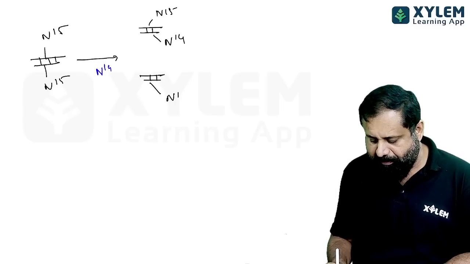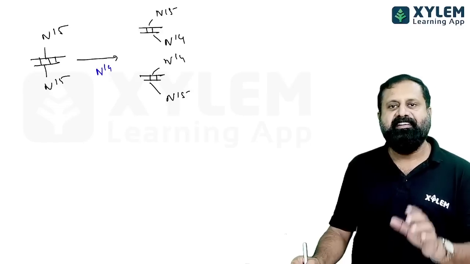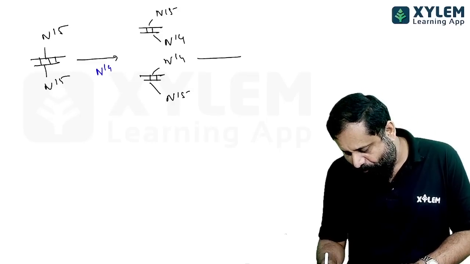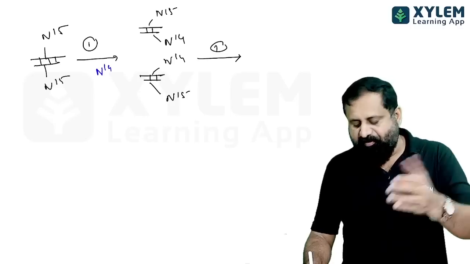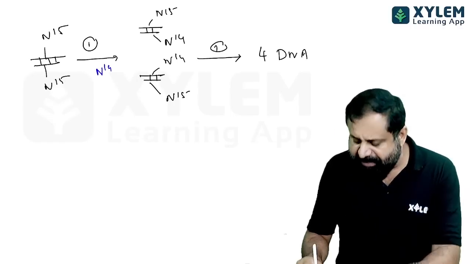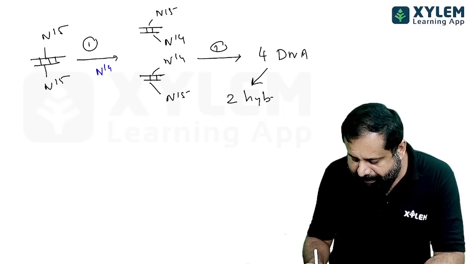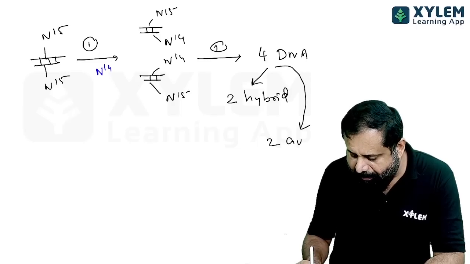After replication, you will get two DNA of mixed type, hybrid. If you conduct one more replication, this is the first one, this is the second one, you will get 4 DNA. Out of these 4, 2 are hybrid, N15 and N14, and 2 are light.